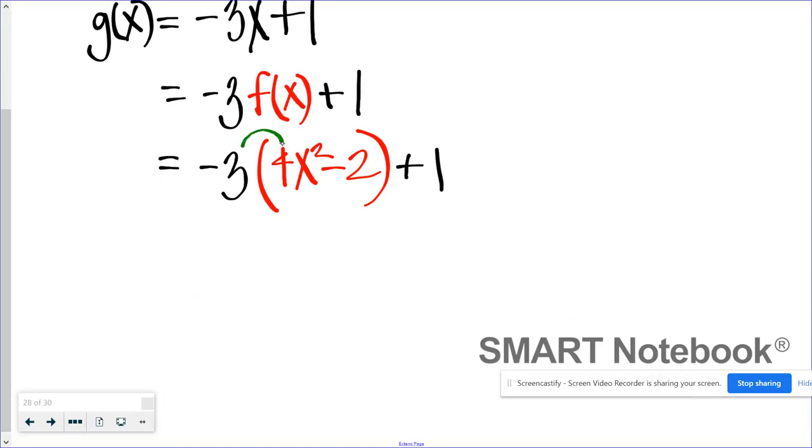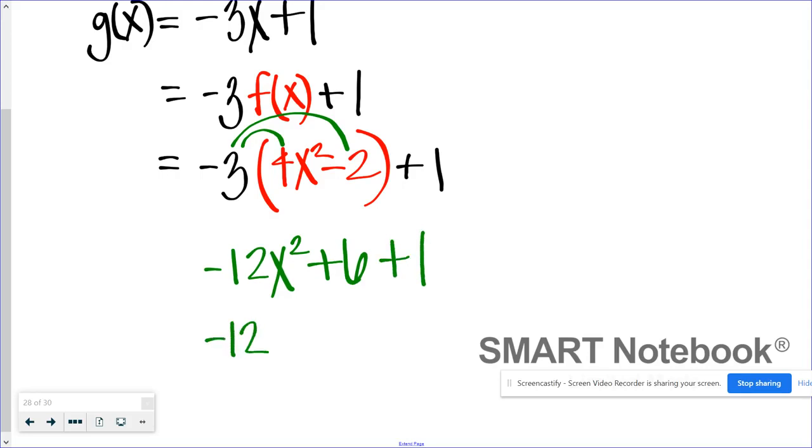So negative 3 times 4x squared is negative 12x squared. Negative 3 times negative 2 is positive 6. And then I still have that plus 1. And then combine like terms. So I have negative 12x squared plus 7. And this is my function, g of f of x.